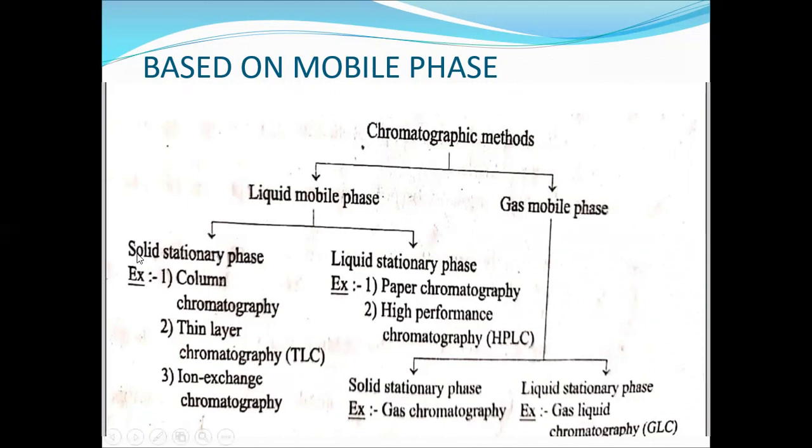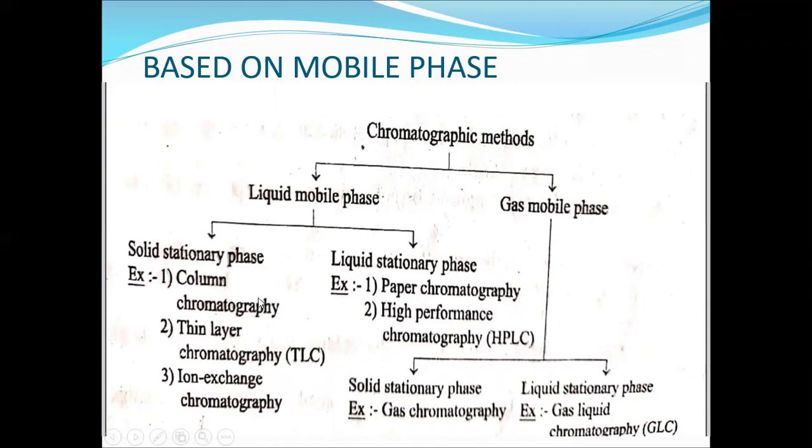In the liquid mobile phase method, if the stationary phase is solid, we have three types of chromatography, as previously explained: column chromatography, thin layer chromatography, and ion exchange chromatography.